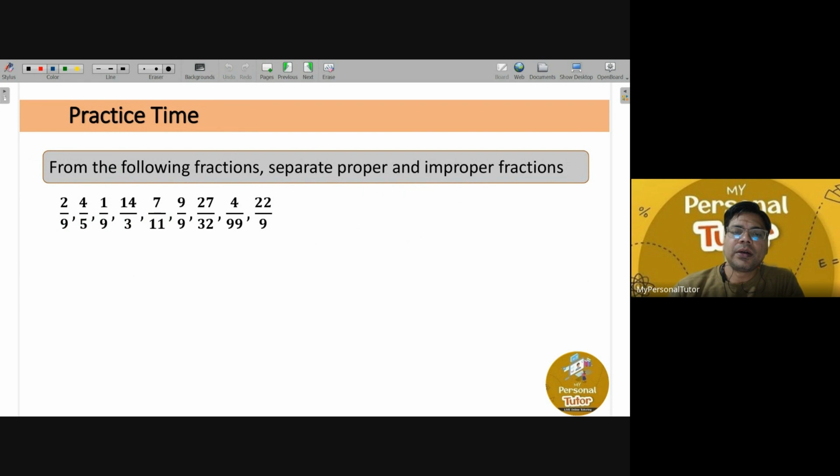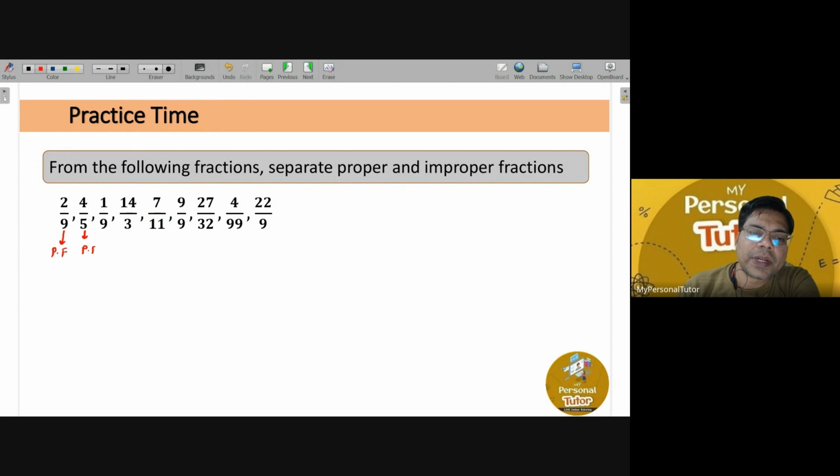Okay. All right. So here, if you see the first example, 2/9. So in 2/9, what happens? Numerator is less than denominator, and hence it is a proper fraction, right? Again, if you see the example 4/5, again, numerator 4 is less than denominator. So what is it? Proper fraction.